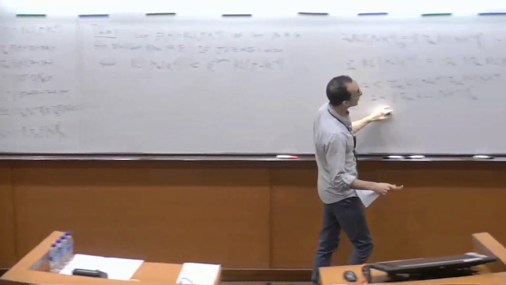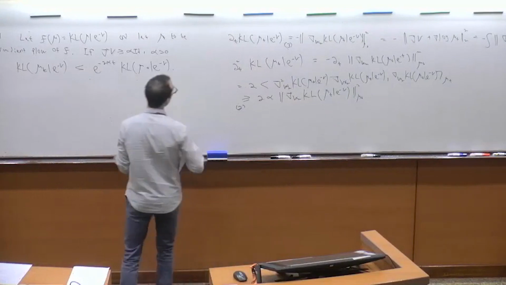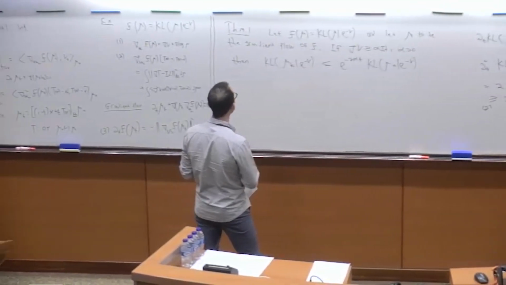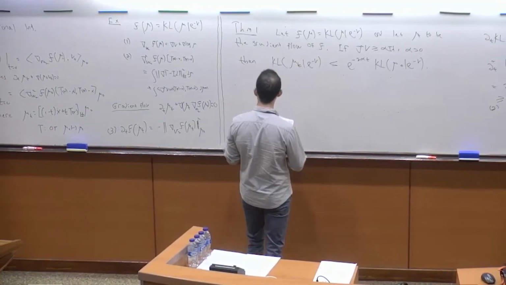Good. So at this point, we have this inequality. But remember, what we really wanted was a differential inequality for partial t. But that's okay, we're basically there. So here's what we do.